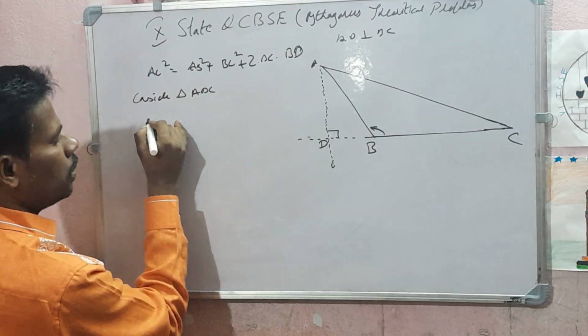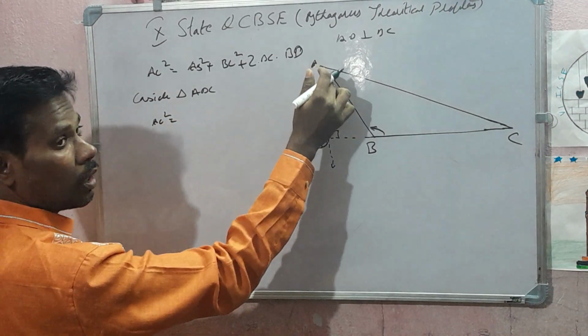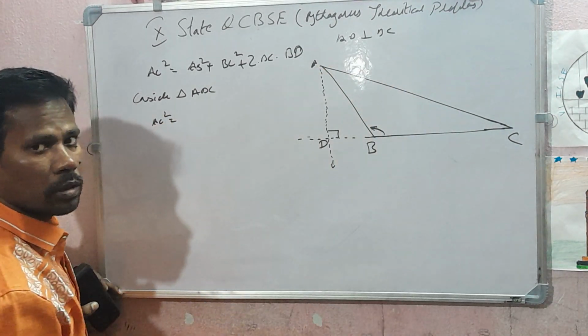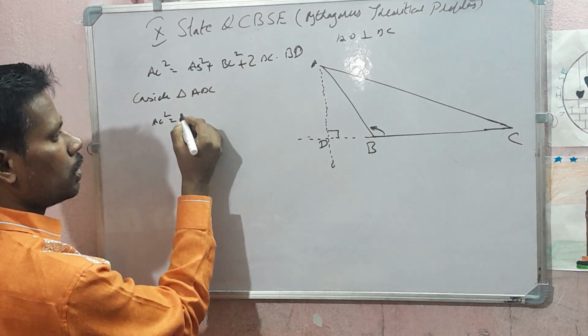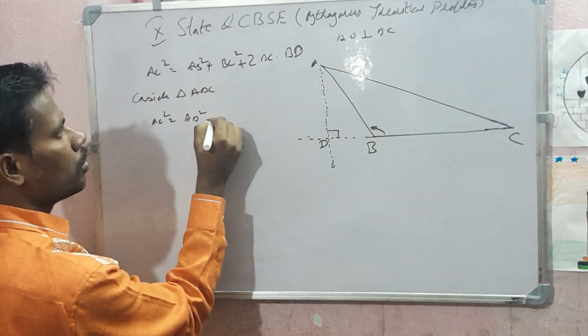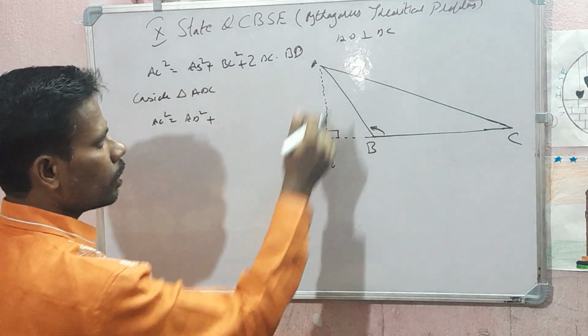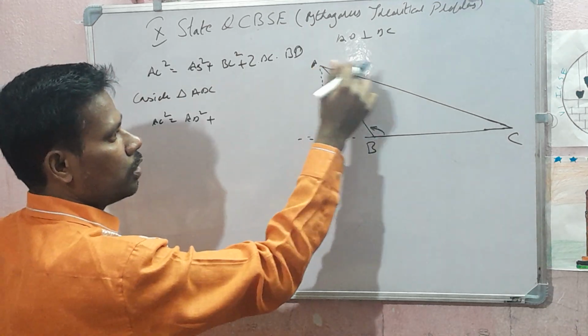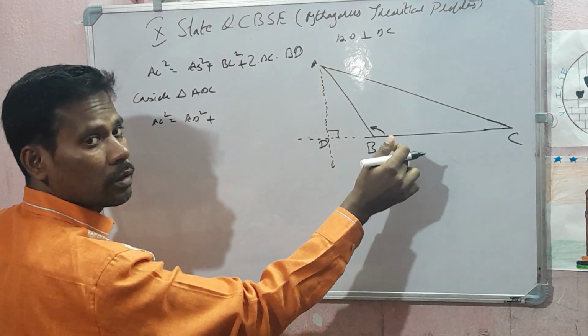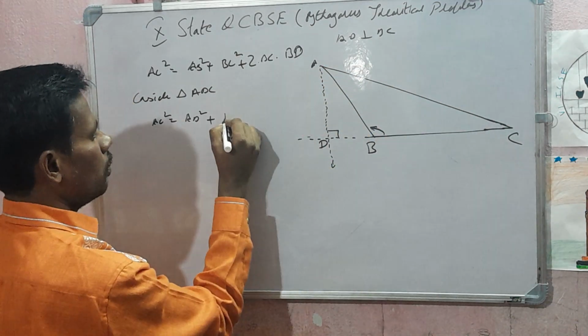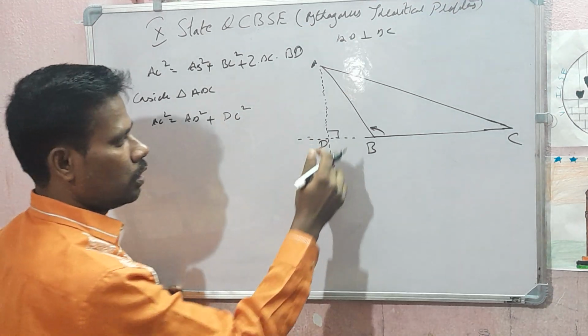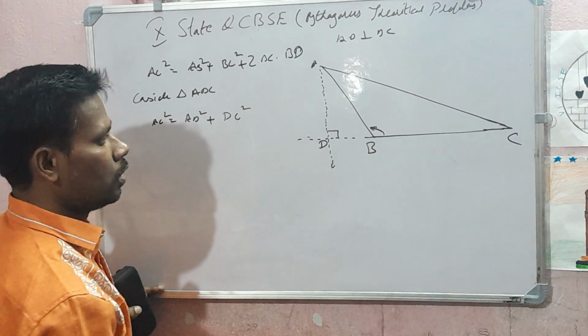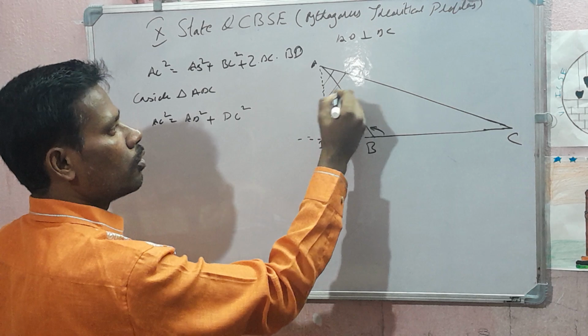Consider triangle ADC. AC square is equal to what? Square on the hypotenuse is equal to the sum of squares on the other two sides. AC square is equal to AD square plus DC square. This complete triangle you have to consider.